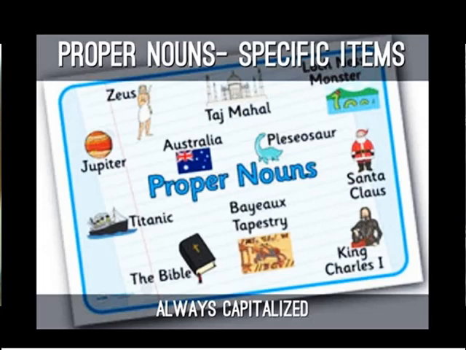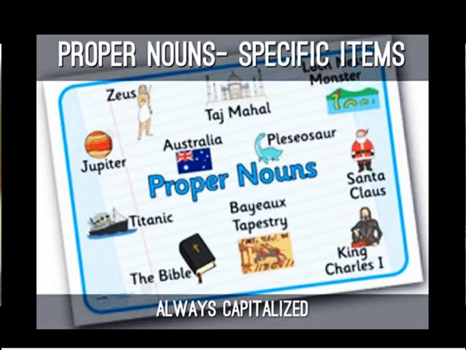We can identify a proper noun as it begins with a capital letter. If you remember, I told you that in common noun we do not use a capital letter, but in a proper noun we use a capital letter. That means a proper noun always begins with a capital letter. It is capitalized.